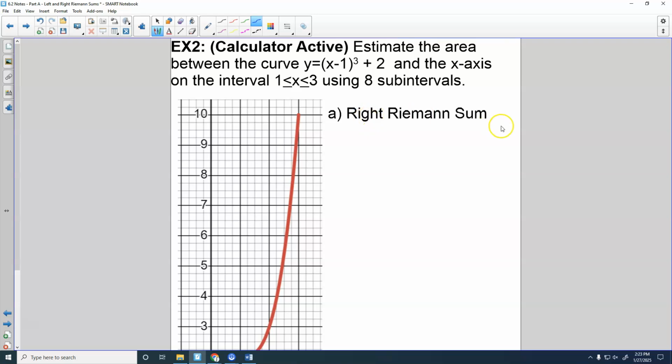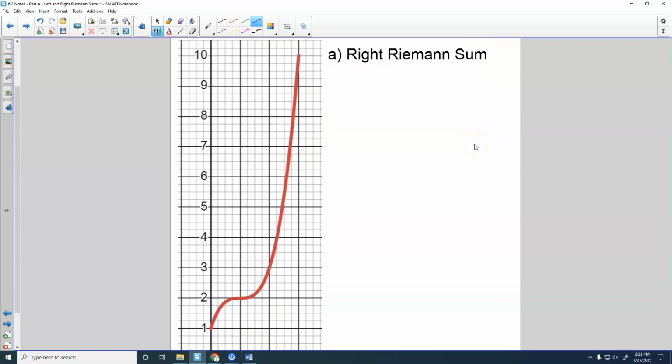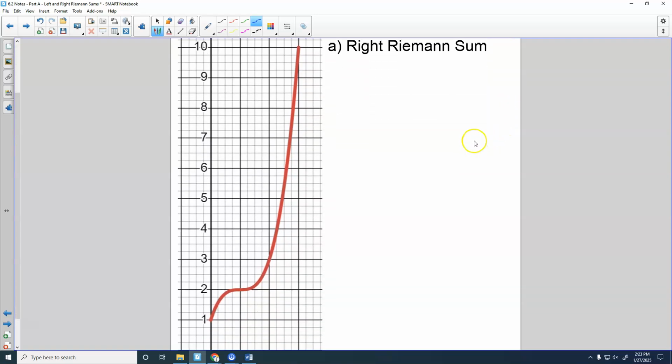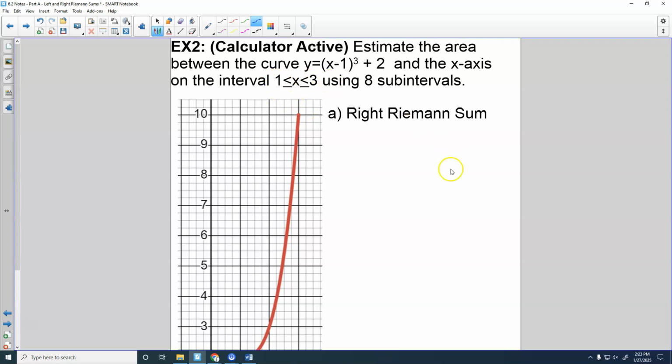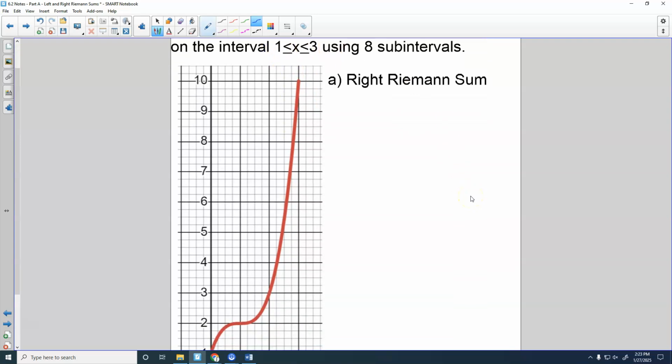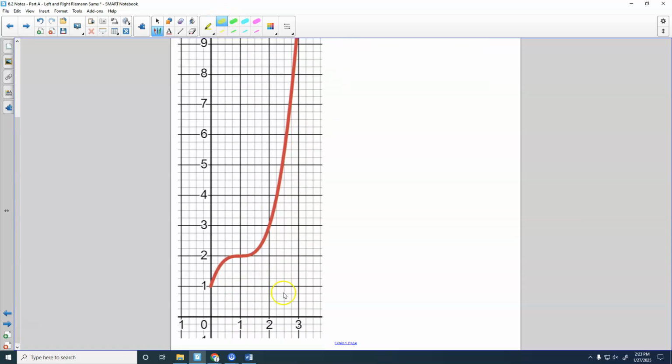If we're doing a right Riemann sum, it means the right-hand corner of our rectangle is on the graph. So first of all, on that graph, it only tells us to look between 1 and 3. If we highlight the section that we would be looking for here, we're looking for this area right here.